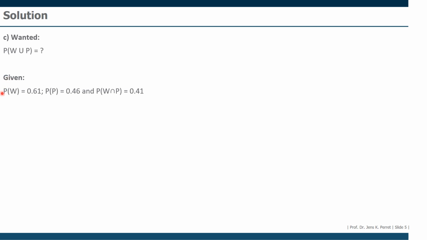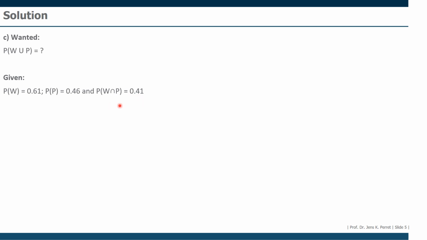The first and second parts we already know from the exercise text, and we also have the third piece of information we need, the probability of passing both of those tests, which here is 41%.